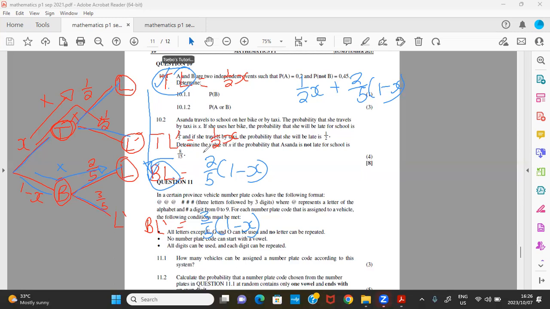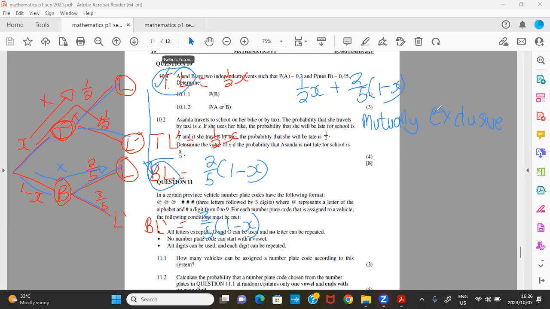You can't use a bike and a taxi at the same time. You get that, right? So these two events can't happen simultaneously, or at the same time, right? So if they can't happen at the same time, that's when we are talking about mutually exclusive events.